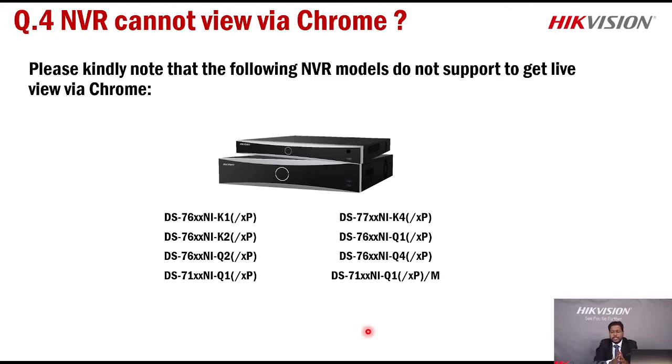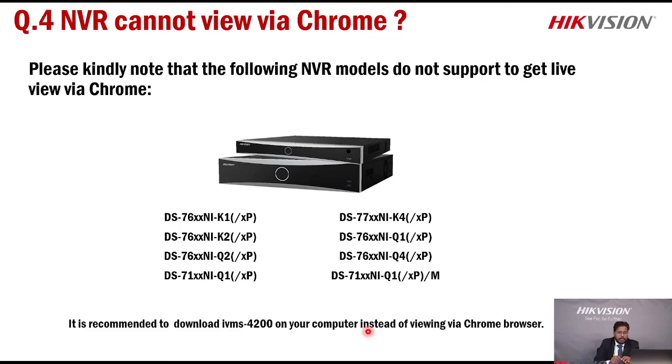These are the series models which are not able to support Google Chrome, so you need to make sure of that. It is recommended to download the IBMS 4200 to get access to your NVR and get the live viewing. We recommend downloading the IBMS 4200 instead of Google Chrome to get remote viewing of these NVRs.